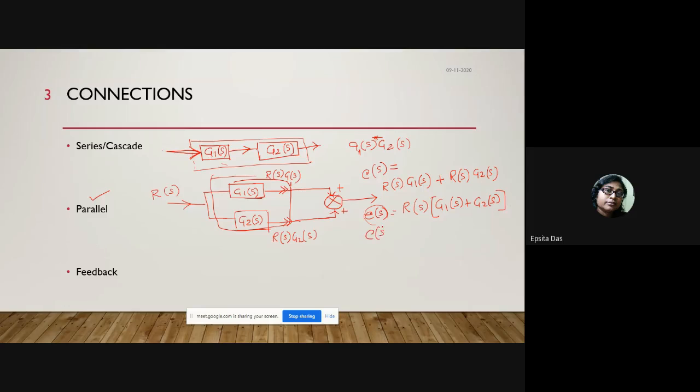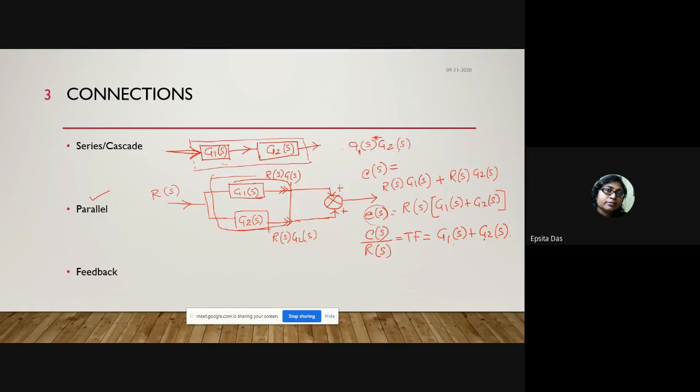The ratio C(S) by R(S) is the definition of the transfer function. So the overall transfer function of this type of parallel arrangement is G1(S) plus G2(S). Understood? So when they are in cascade, the overall transfer function is G1 into G2. Similarly, when they are in parallel, it will be G1 plus G2.